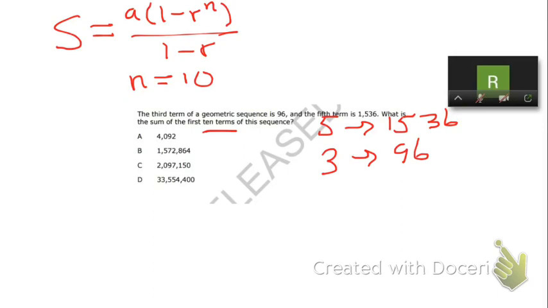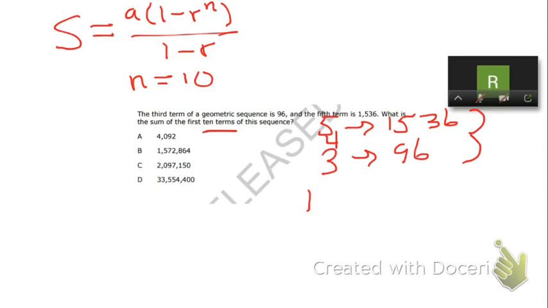Now, you got to figure out how much you're multiplying each time here. And we're missing the fourth term here, so you got to think we multiply something to get to the fourth term and something to get to the fifth term. So whatever we multiplied here, we got to figure out how much we multiply each one time.